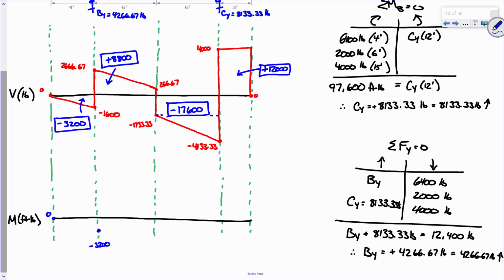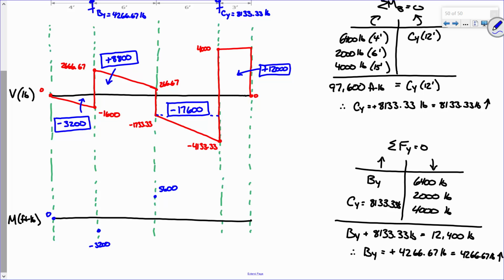Now, if I'm at 3,200 and I then go up some, I go up what, 8,800? What's that put me at? 5,600, so maybe somewhere right here. Now, if I'm at 5,600 and I go down 17,600, what's that put me at?